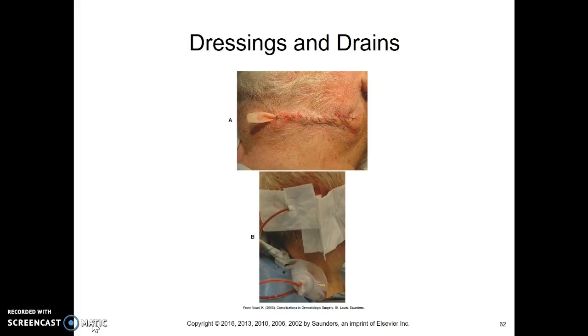As that amount starts to get less and less, the doctor will a lot of times pull that drain out before discharge. There are a few surgeries where lots of drainage is expected, where patients may go home with that, and then they have to be taught how to monitor and empty and measure that output every 4 hours at home.